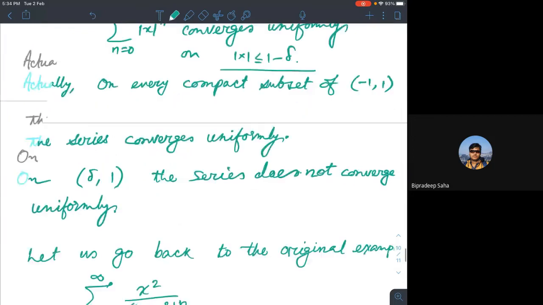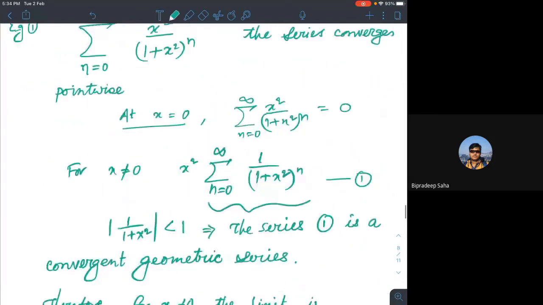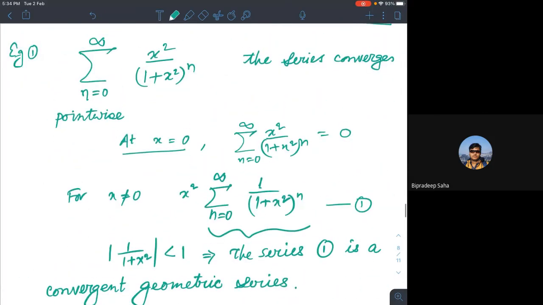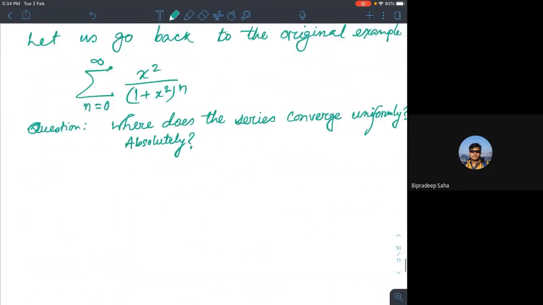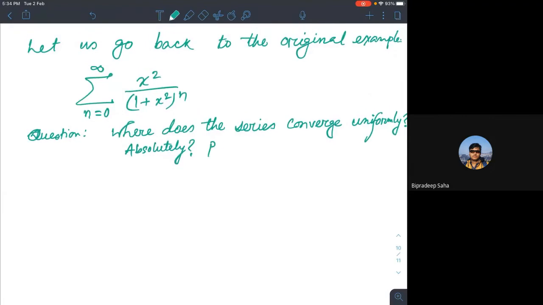So pointwise we have seen it. Pointwise it converges everywhere, which means on the whole of R.